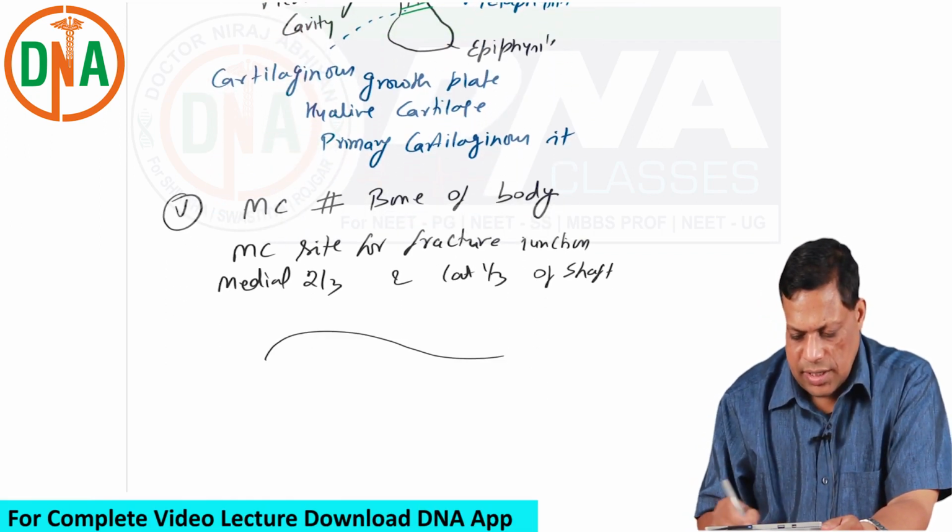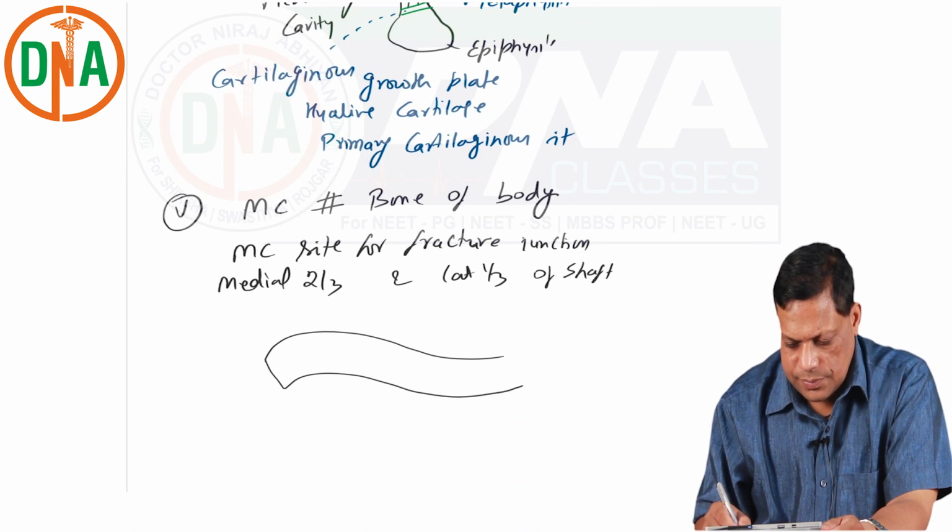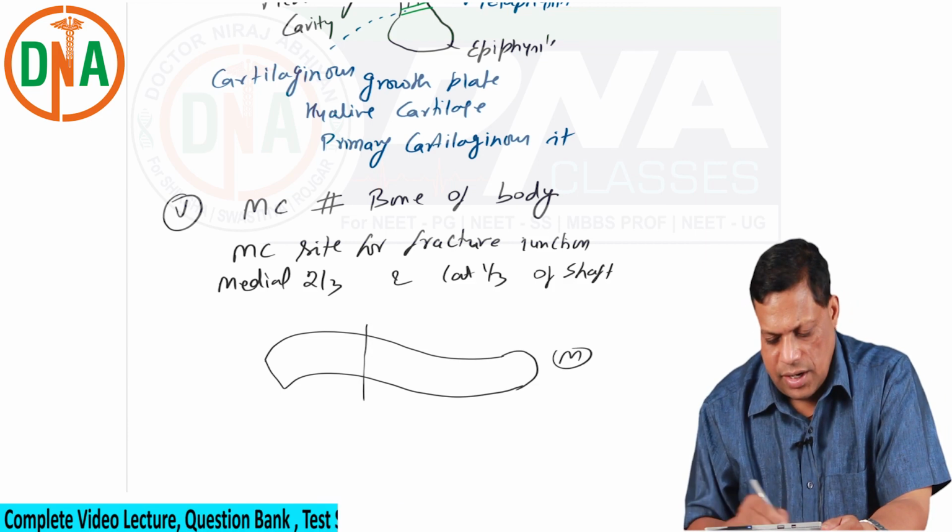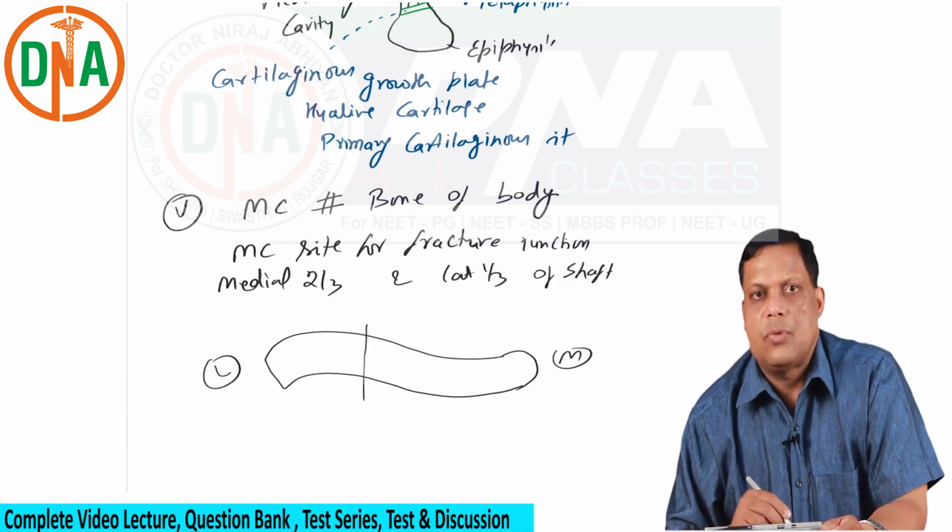So this is the clavicle bone, and this is the junction, medial 2/3 and the lateral 1/3. This is the most common site for fracture.